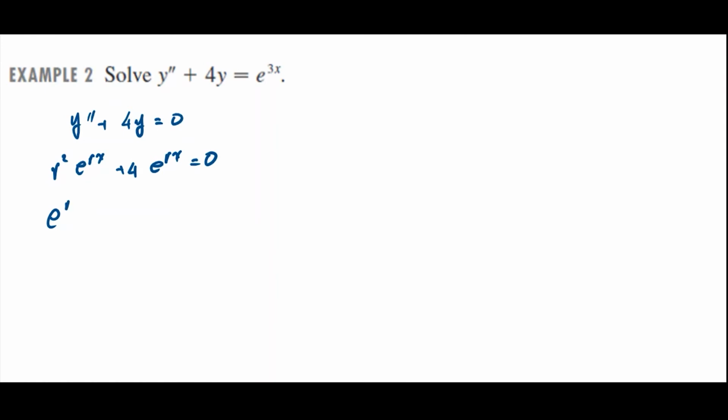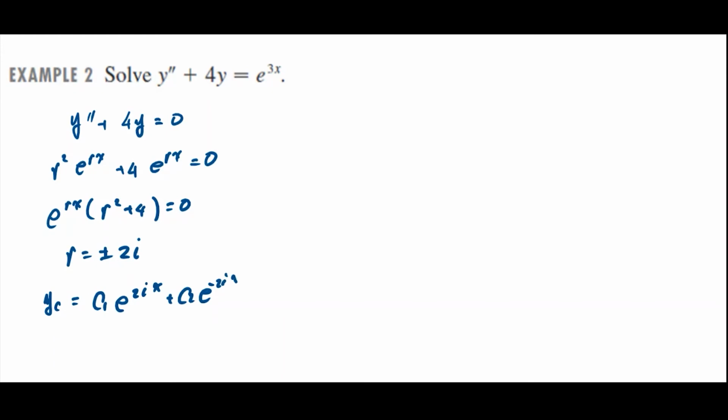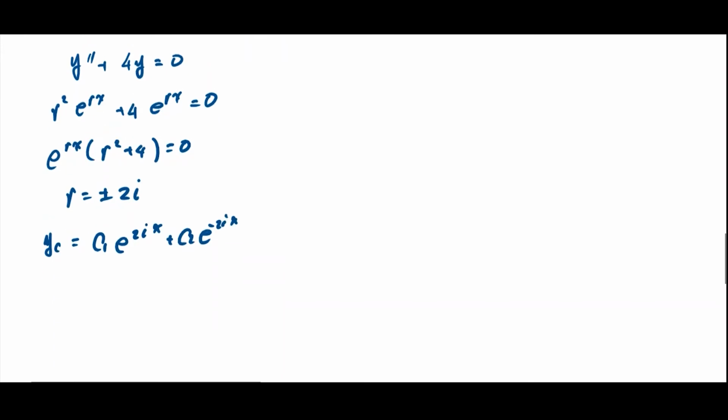Factor, so e to the rx times r squared plus 4 is equal to 0, right? So our r is equal to plus or minus 2i. Good? So our common solution will be c1 e to the 2ix plus c2 e to the negative 2ix. But the other day, instead of doing that, I told you it's so much better if you convert it into cosine and sine, right? Euler's formula.